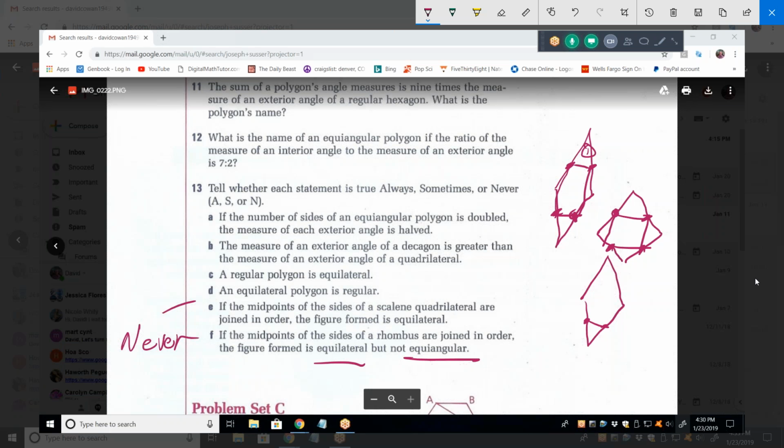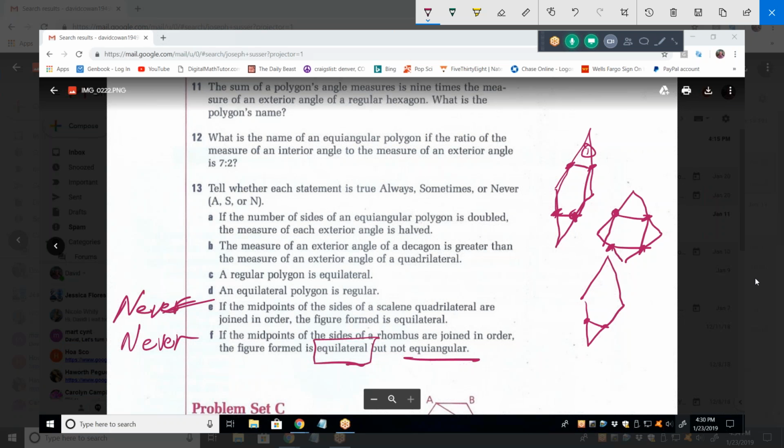At no other point is it ever equilateral, so there is no point where it's equilateral and not equiangular. And what that caused me to realize was that if you have a scalene quadrilateral, then joining the midpoints is never going to be equilateral, ever.